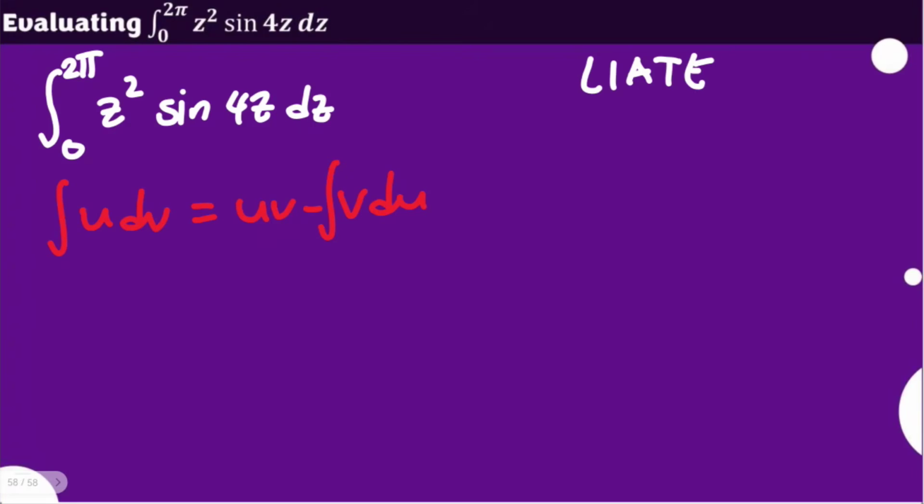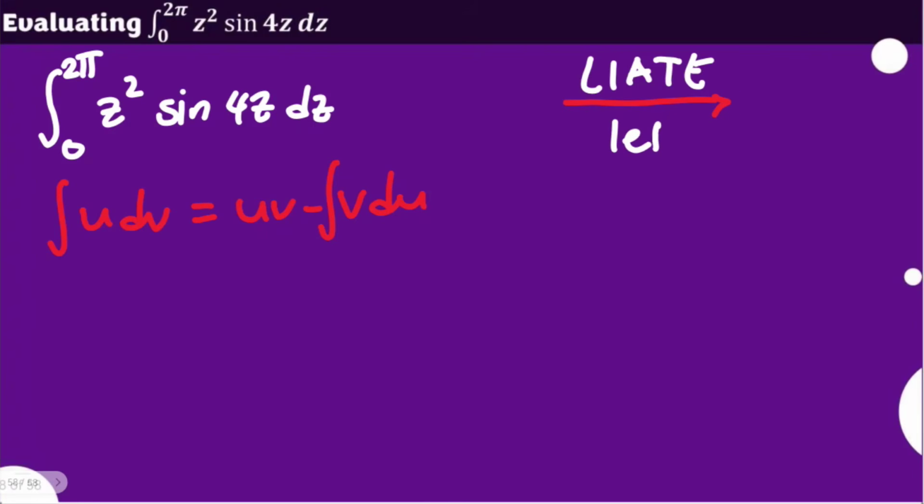We need to find the appropriate u to get our du, and the remaining functions would be dv to get our v. Again, according to LIATE, we're going to prioritize the algebraic function z squared over the trigonometric function sine, in that specific order. Let me use here the white one.